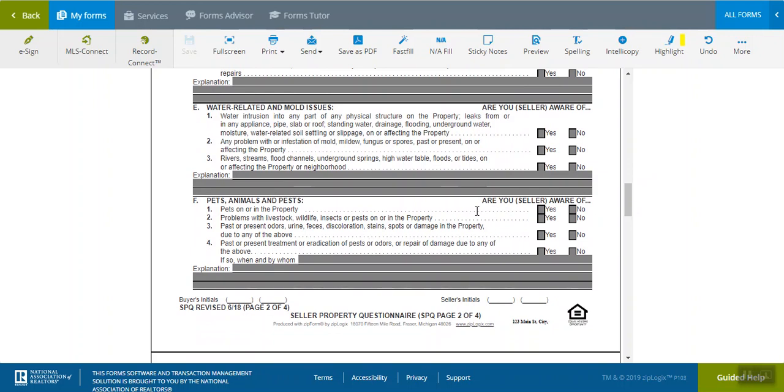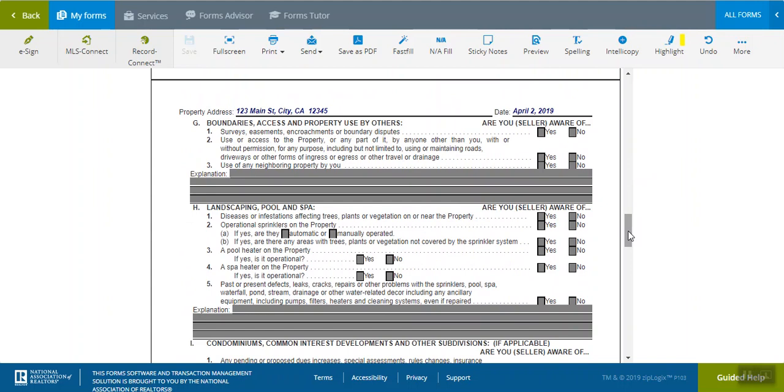If any questions were answered yes, the seller then gives an explanation.